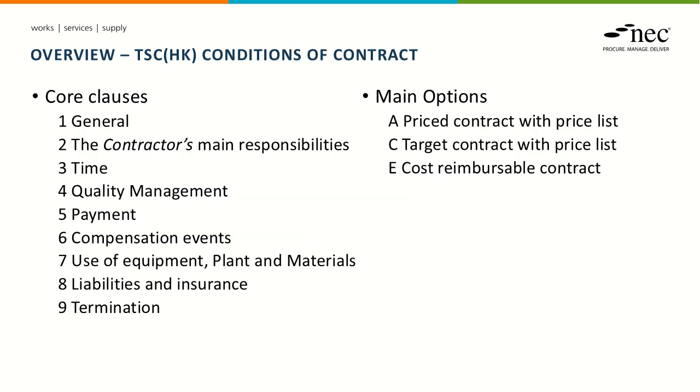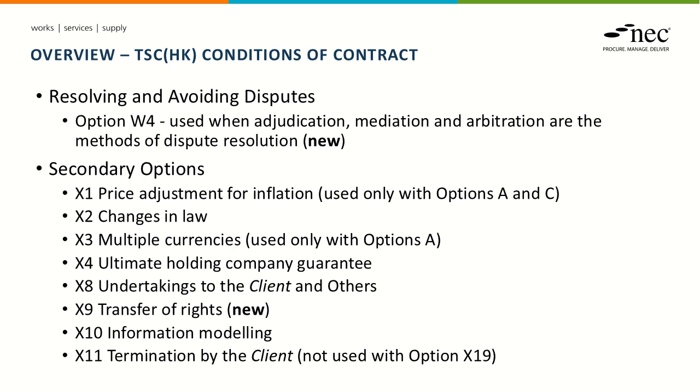The structure of the contract remains the same, and hopefully people will be familiar with the core clauses. There are 9 sections to the core clauses, and in the TSC there are 3 main option clauses: options A, C and D. We're going to go through the specific changes to the core clauses and the main option clauses in a minute. In terms of secondary option clauses and the dispute clauses, the standard NEC4 TSC dispute clauses, W1 and W2, have been removed and replaced with W4.